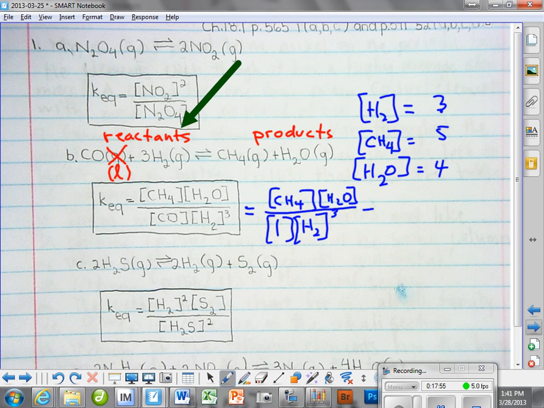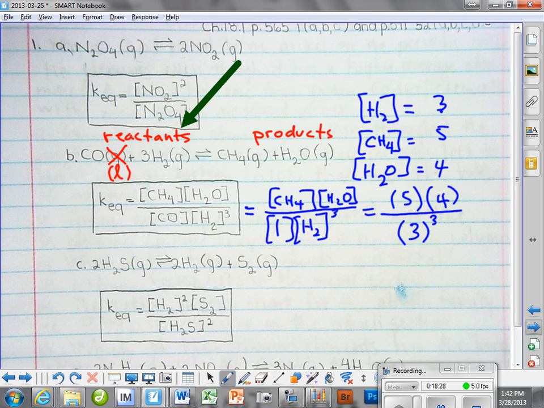All right. So now all we have to do is plug in the numbers. CH4 is 5. And now we don't need to worry about the brackets. We can just write parentheses. And the water is 4. And the hydrogen is 3, and that's cubed. And then we solve. So order of operations, you always want to take care of your exponents first.